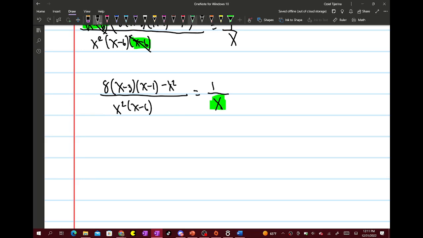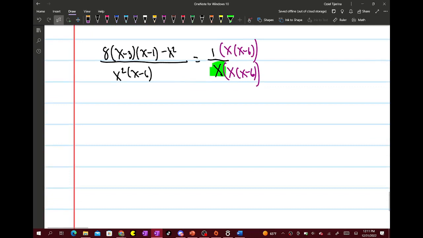I'm going to multiply, let me do a different color, I'm going to multiply this times x and then times (x minus 6), on top and bottom.